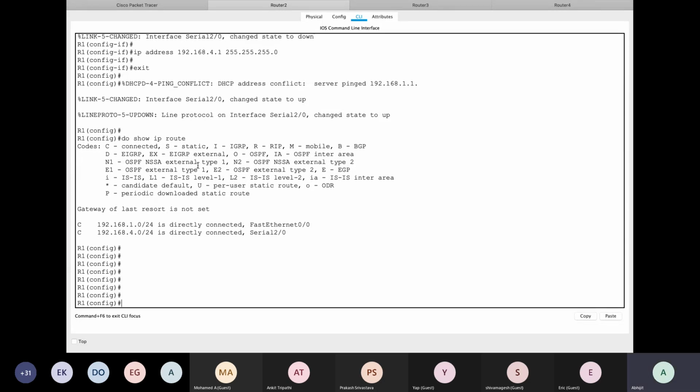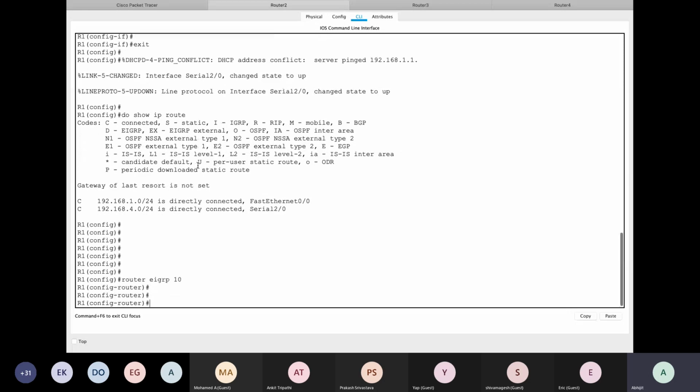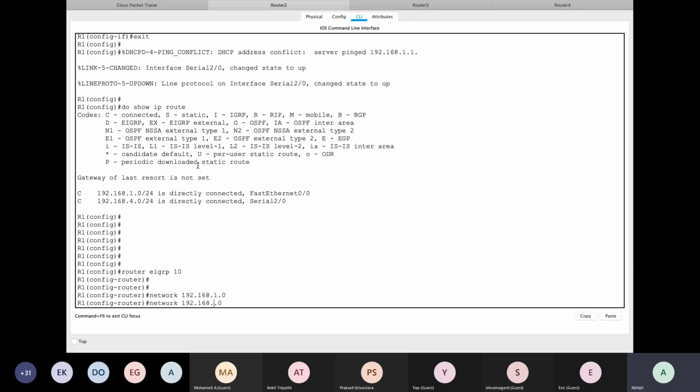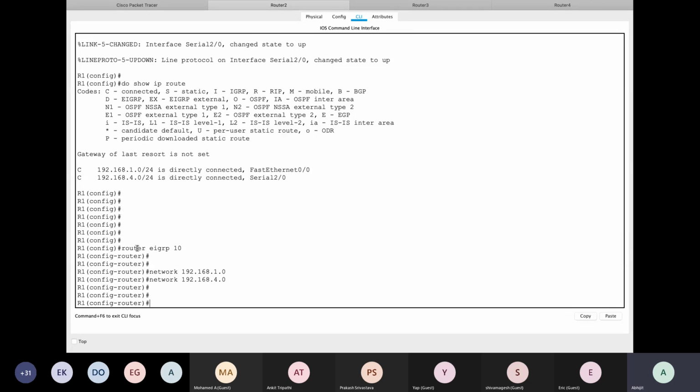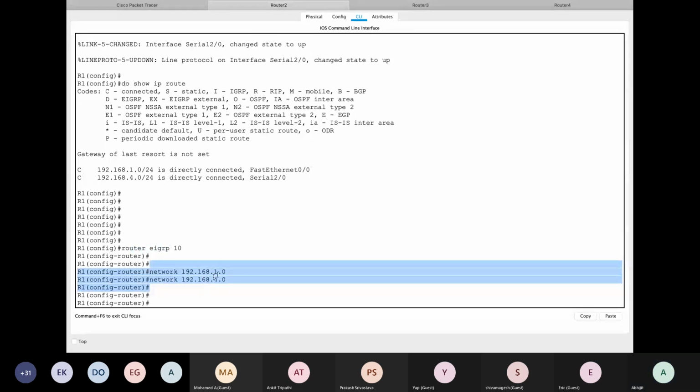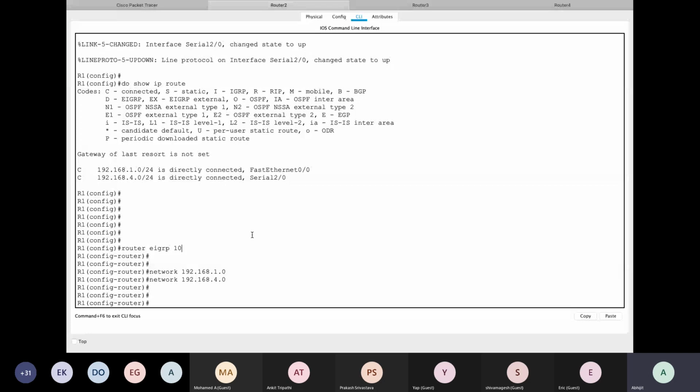So what we're going to do here, we're going to say router EIGRP 10, and then we would say network 192.168.1.0, and then we're going to say 4.0. So just create the EIGRP process and advertise both of your networks. That's how easy it is.